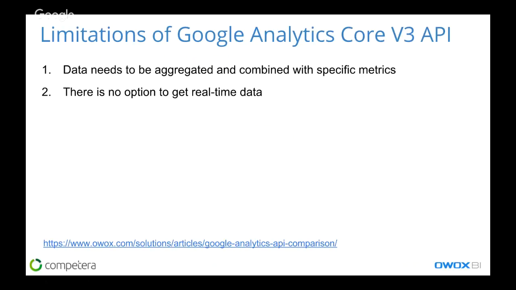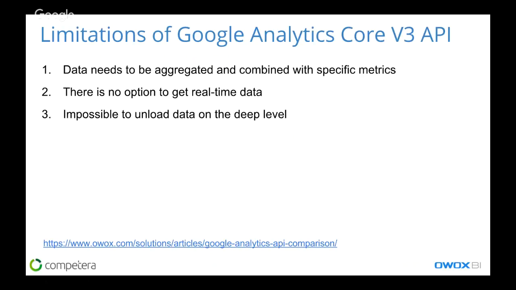There is no option to get real-time data. Some events and pages you can see in real time, but it is not something that you could use to get the needed data structure. And it is not possible to unload data on a deeper level.